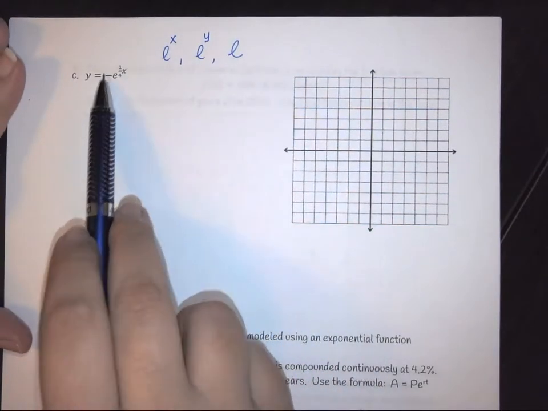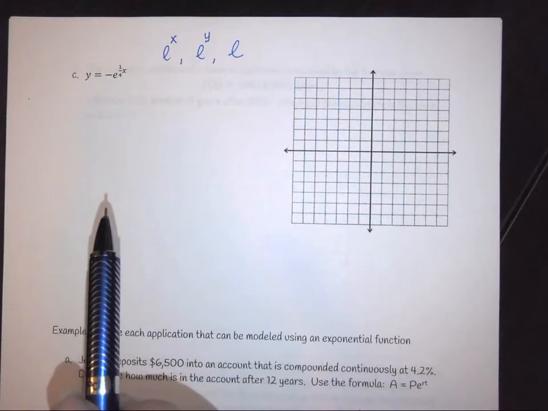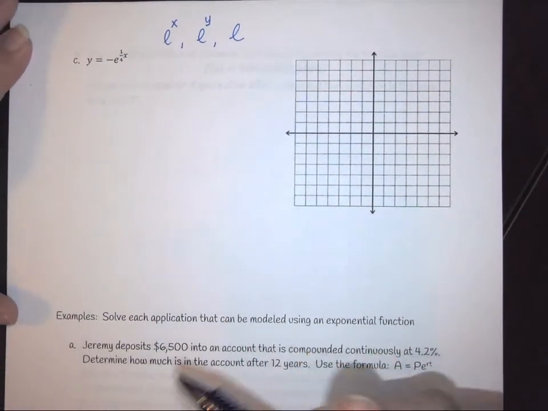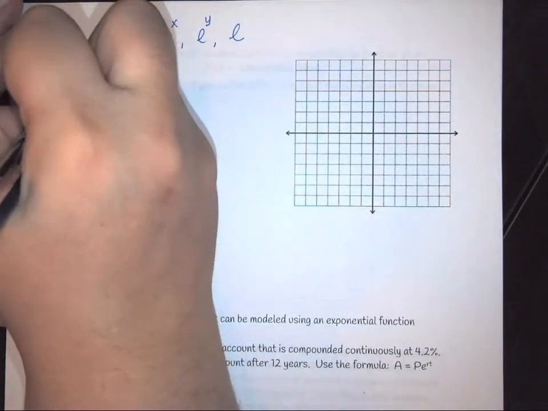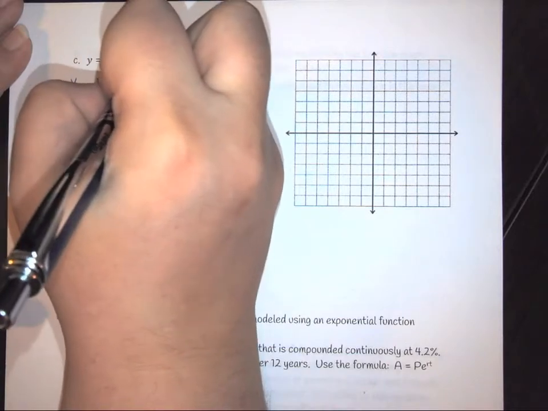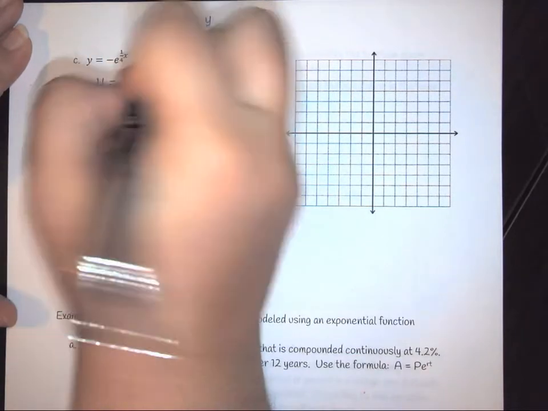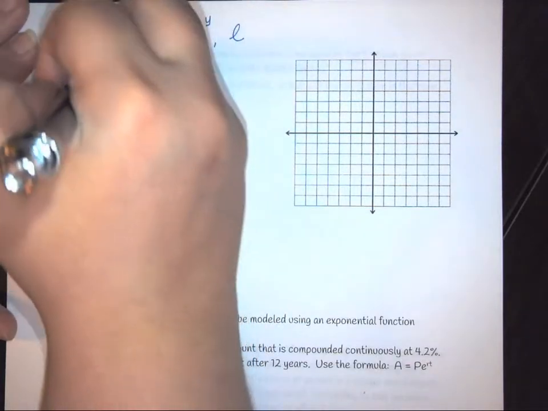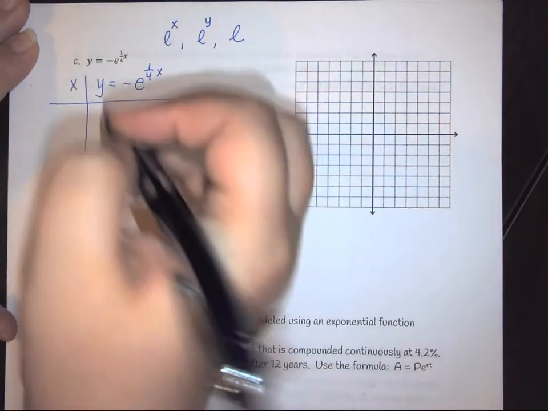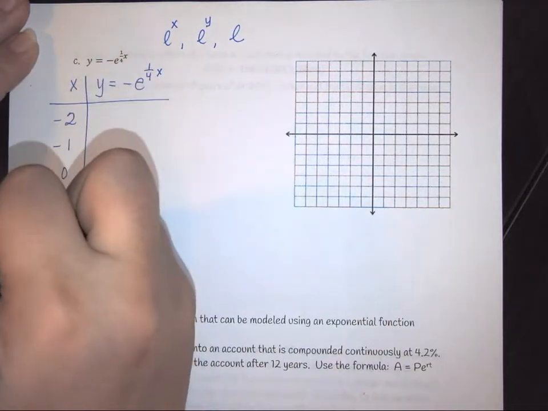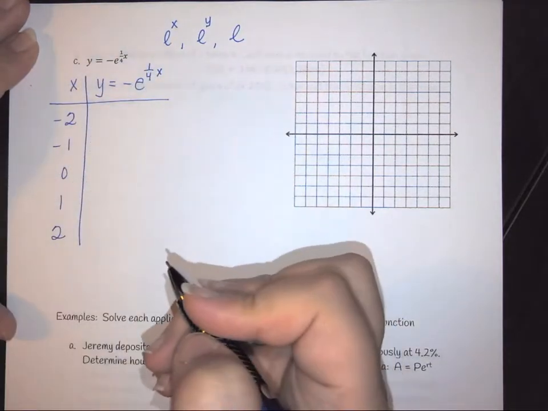And so in order to actually create this xy table, we have to be able to use that e function. So here again, I'm still going to create x, and I'm still going to do negative e to the 1/4 x. And I'm still going to use -2, -1, 0, 1, and 2.